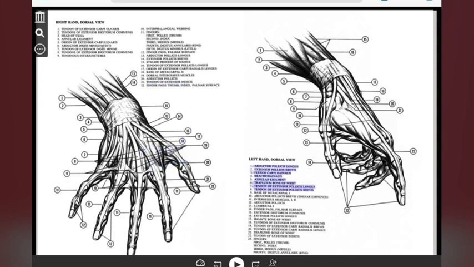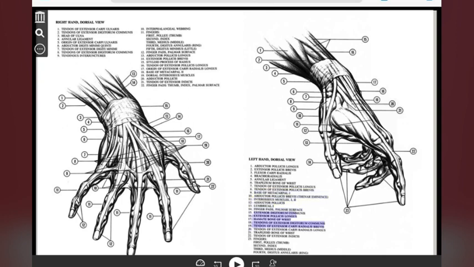Abductor pollicis longus, flexor carpi radialis, trapezium bone of wrist, tendon of extensor pollicis longus, extensor pollicis brevis, brachioradialis, annular ligament, tendon of extensor pollicis brevis. Base of metacarpal I, abductor pollicis brevis, thenar eminence, interosseous muscles I, 2, adductor pollicis, lumbrical I, finger pads, palmar surface.